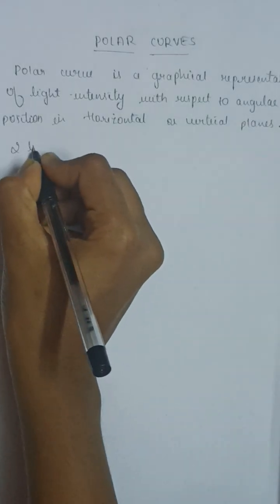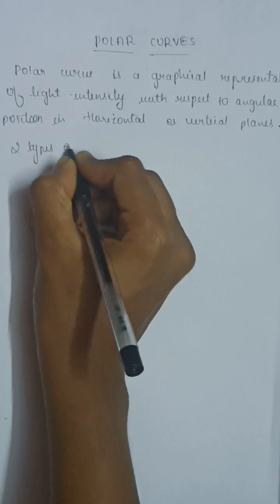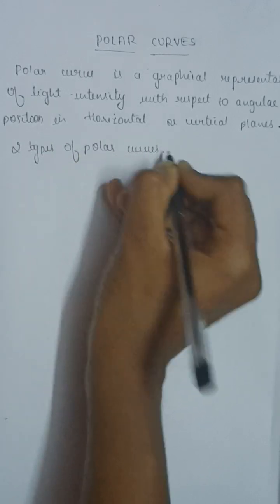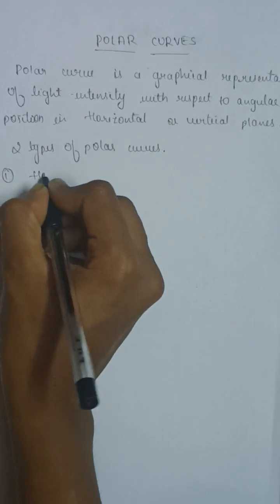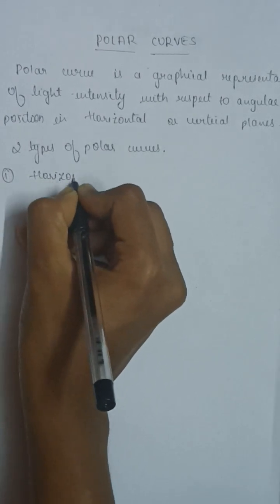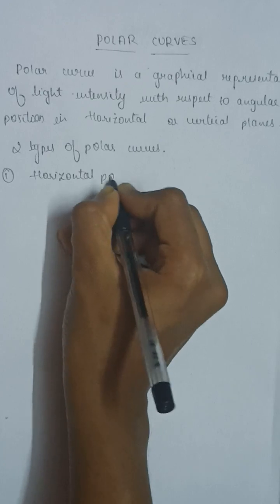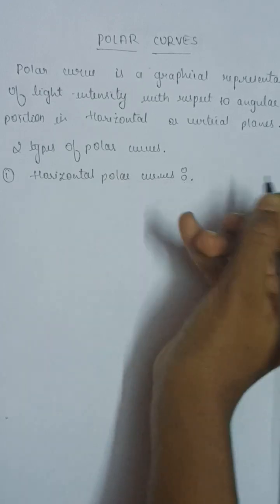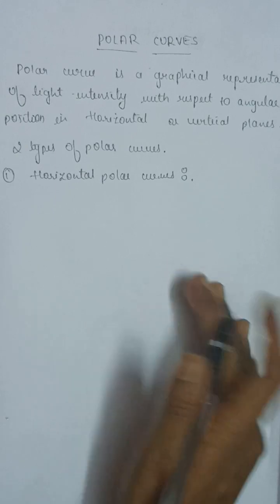So there are two types of polar curves. The first one is horizontal polar curves. What is a horizontal polar curve?